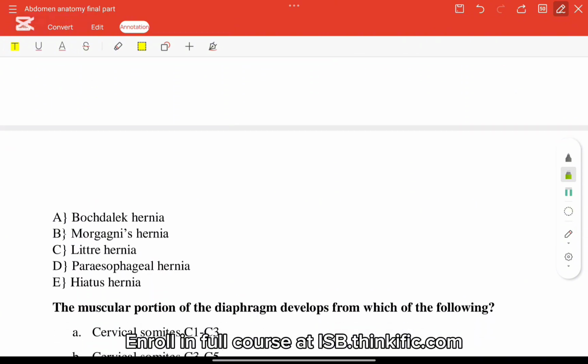Is it Bochdalek? No, Bochdalek is very large and posterior and to the left usually. Morgagni, yes. As I told you, Morgagni usually includes the transverse colon. Littre's hernia, that's not it, it's a different topic. We'll talk about it in hernia. Paraesophageal hernia, no. Hiatus hernia, also no. We'll talk about these hernias in detail in the hernia lecture. Okay.